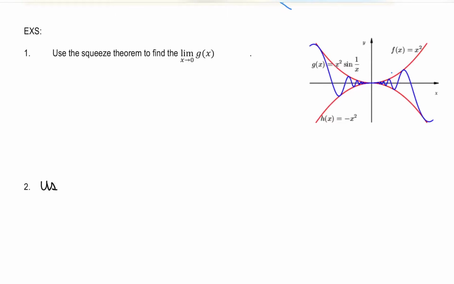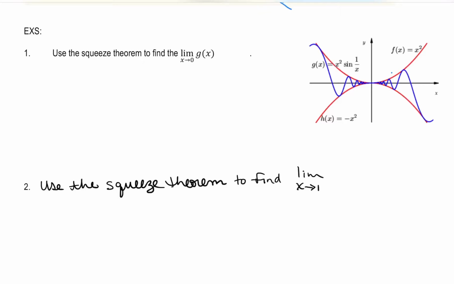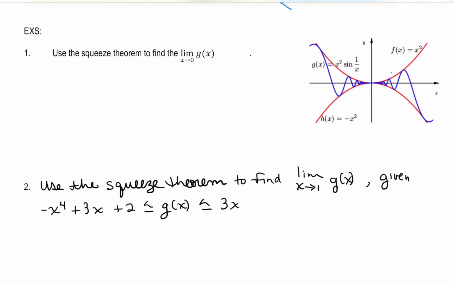So let's use the squeeze theorem, or again, sometimes called the sandwich theorem, to find the limit as x approaches 1 of g of x given, and this might be the type of thing you could see in your homework as an example, that negative x to the fourth plus 3x plus 2 is less than or equal to g of x is less than or equal to 3x squared minus 4x plus 5.